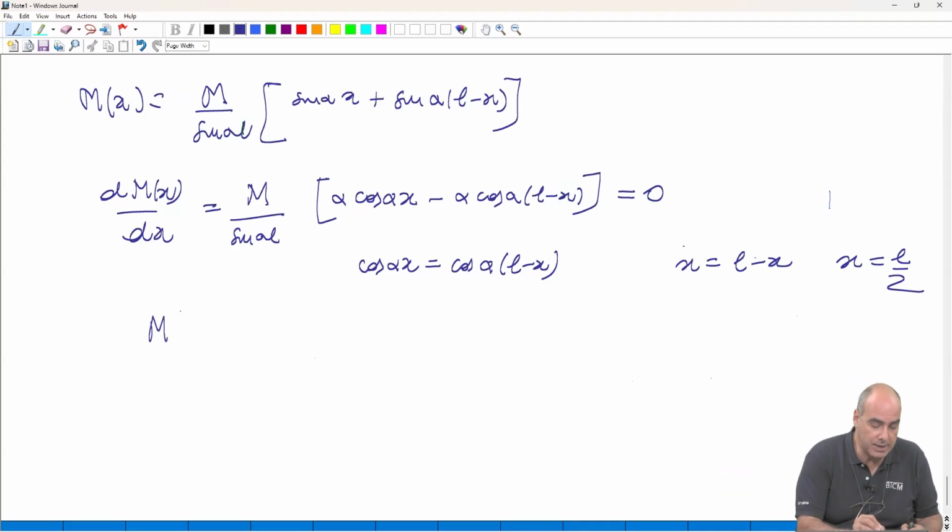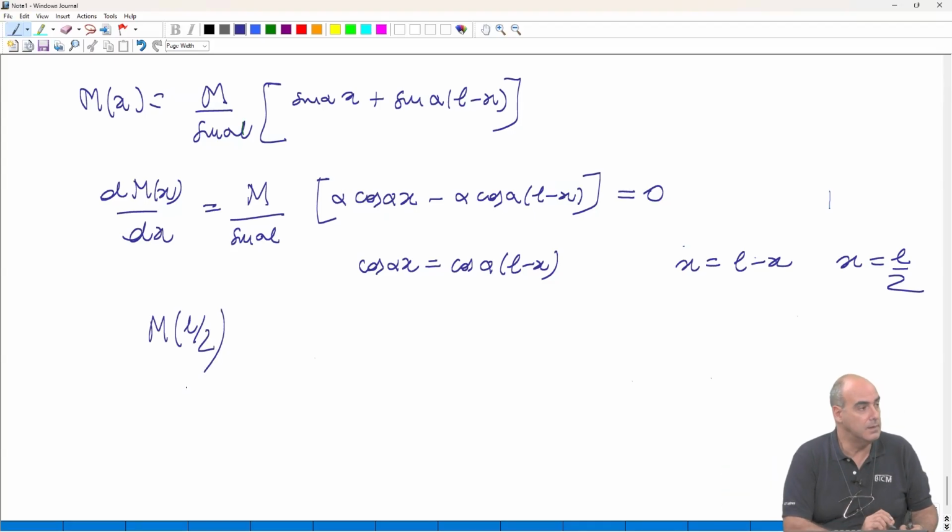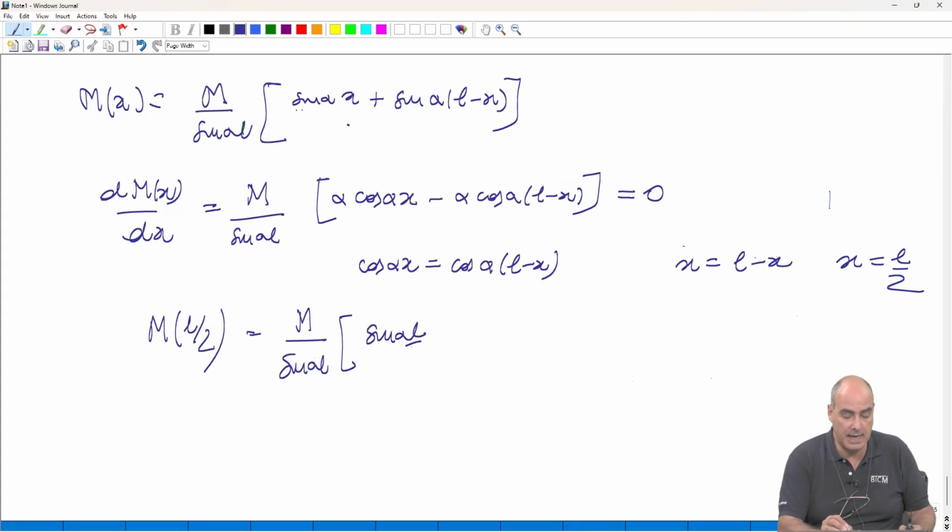And how much is the moment at midspan? Well, pick up L over 2 and replace it into here. It will be m divided by sinus alpha L, times sinus alpha L over 2 plus sinus alpha L over 2, so it's 2.